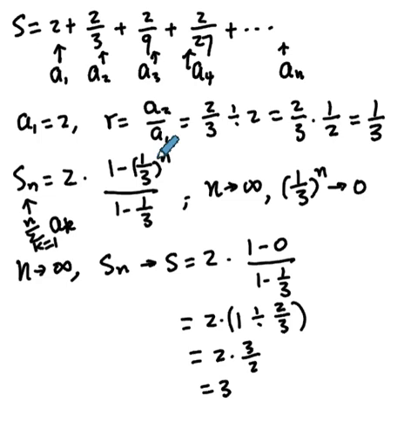Again, n is the number of terms. Now here n goes forever, never stops. So n actually goes to infinity. If n goes to infinity, we need to be aware that 1/3 to the n is going to be 0.